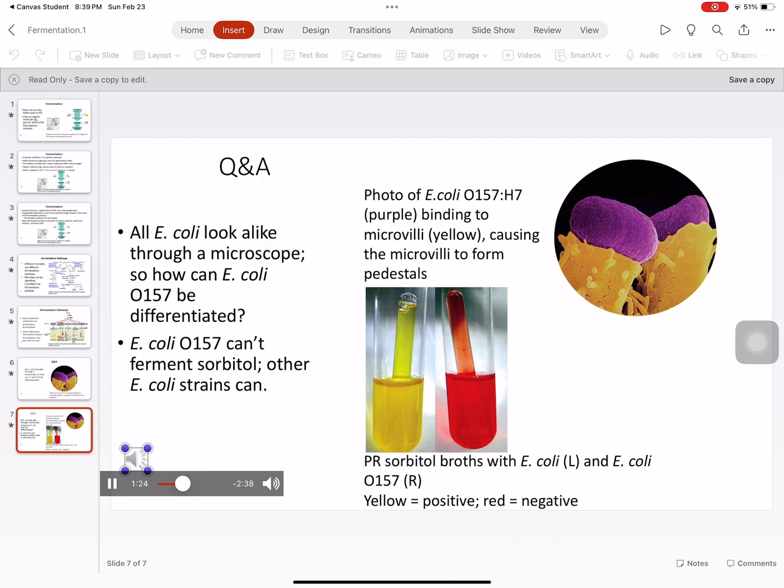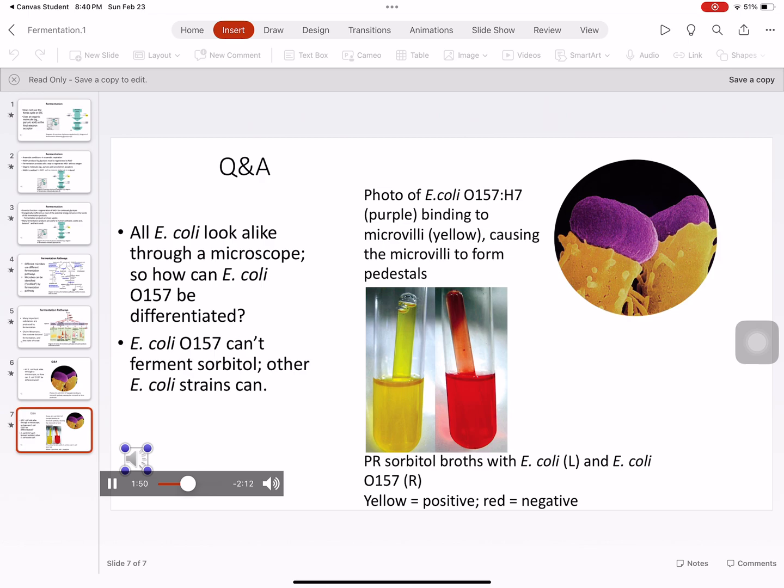That's positive. If we look to the right, we see E. coli O157 growing in the tube, and the medium stays red because it's not fermenting the sorbitol to produce acid, and there's no gas in the little tube because we're not producing any gas either.